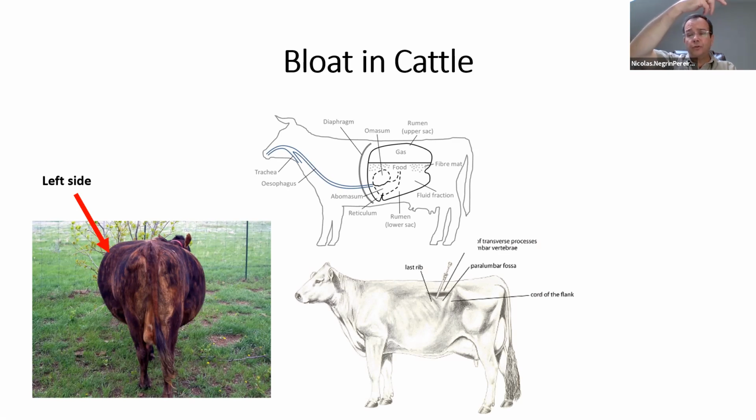That will allow the gas to go until we solve the problem of the esophagus blockage, for example. And we can also administer medicine through the trocar inside the ruminal cavity and disperse the small bubbles formed by the saponins of the clovers or alfalfa or whatever high saponin content grass the animal was grazing.